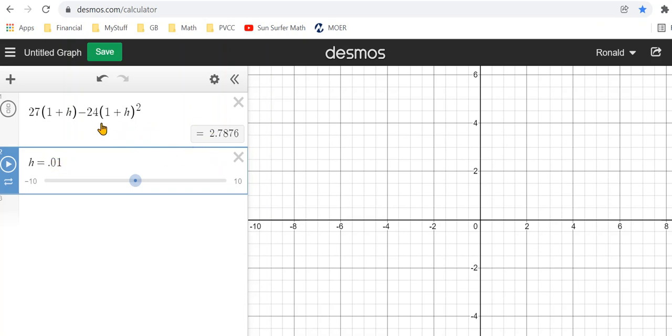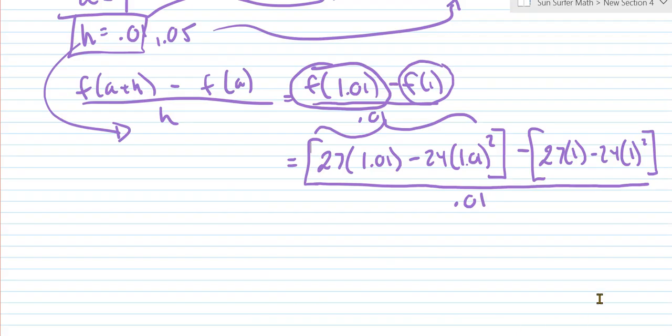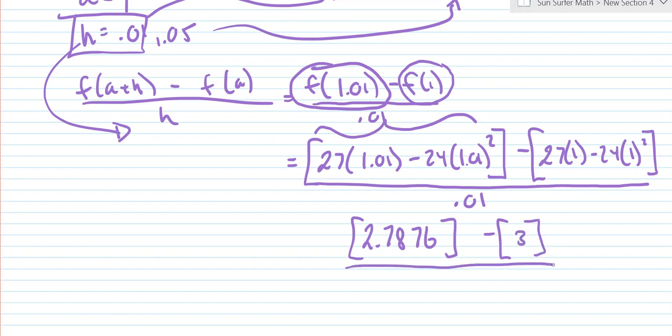And so when h is 0.01, this whole quantity becomes 2.7876. So we get 2.7876 for this, minus, well, this just becomes 27 minus 24, or 3, all divided by 0.01.